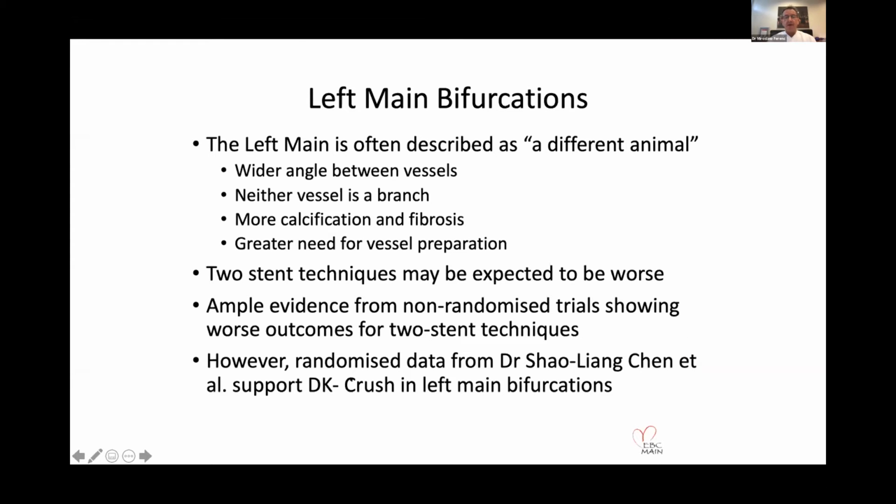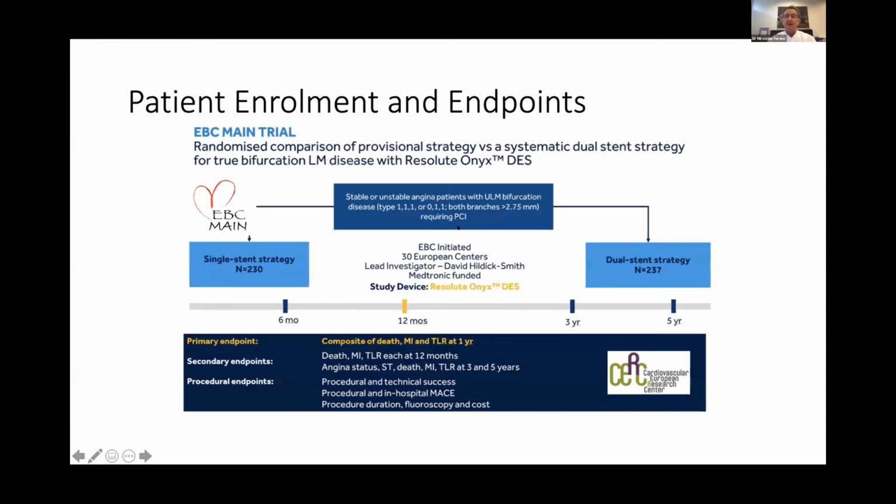However, we have wonderful and very positive data from Dr. Chen from China, definitely supporting DK crush in left main bifurcation. But let's see what this European study shows now.